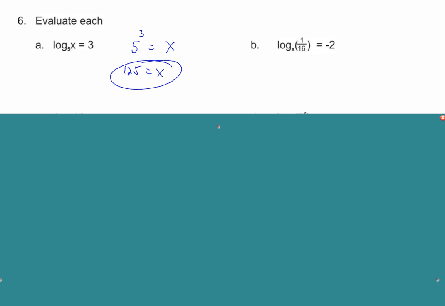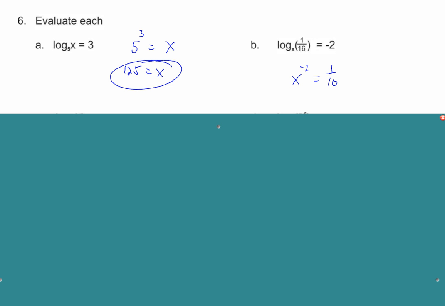Try that with B. Again, pause if you want to and see if you can work it out. What is our base here? X. What is our exponent? -2. What does it equal? 1/16.